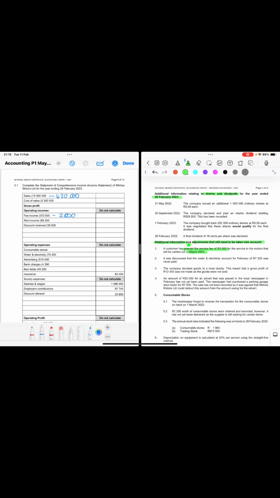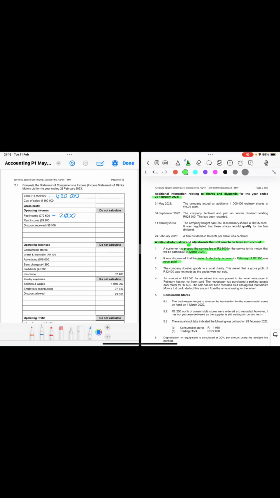Okay. Now we look at number 2. It was discovered that the water and electricity account for February of 7,200 was never paid. So the water and electricity account of 7,200 was never paid, making it an accrued expense. And it's for February, so meaning it's part of the current financial year. So that will be added to the water and electricity expense for the current year.